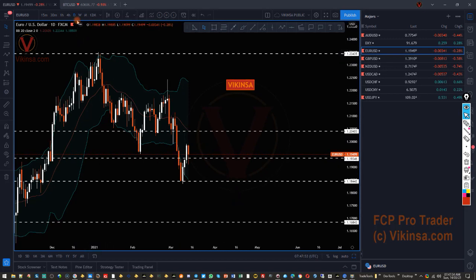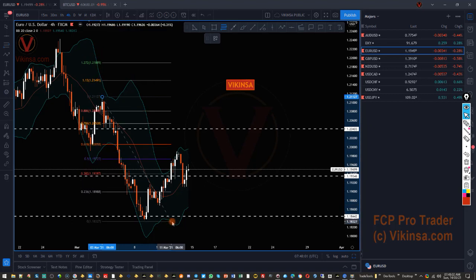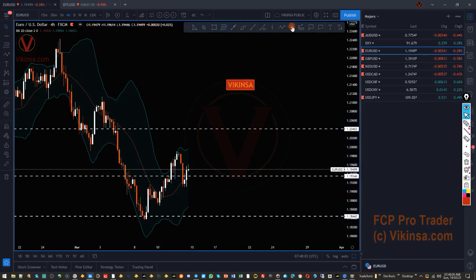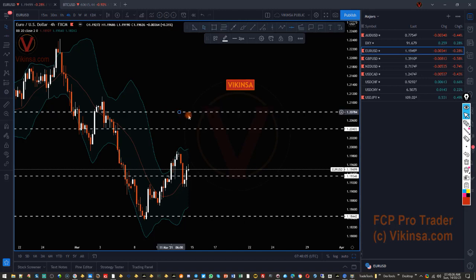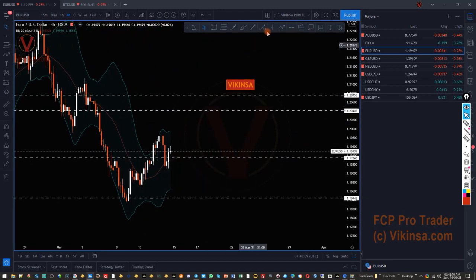So let's look at the 4 hour. On the 4 hour again we have this W pattern forming, which means that we can measure it, and that can lead us somewhere around here, near about this level. So how do we play this?